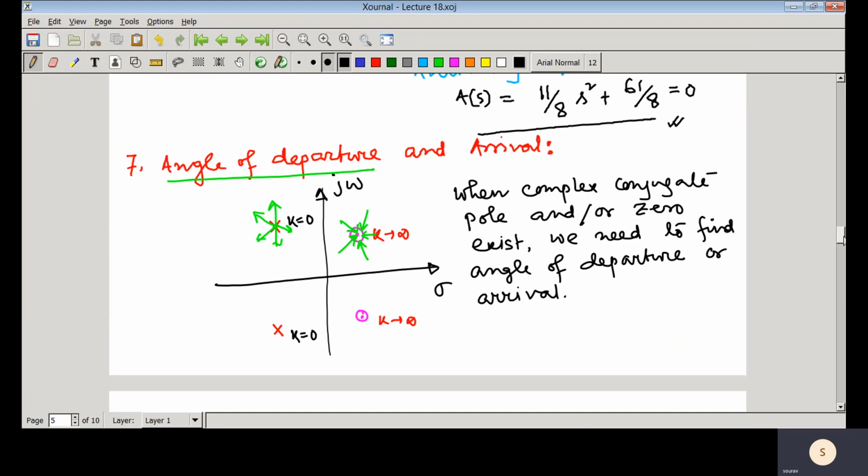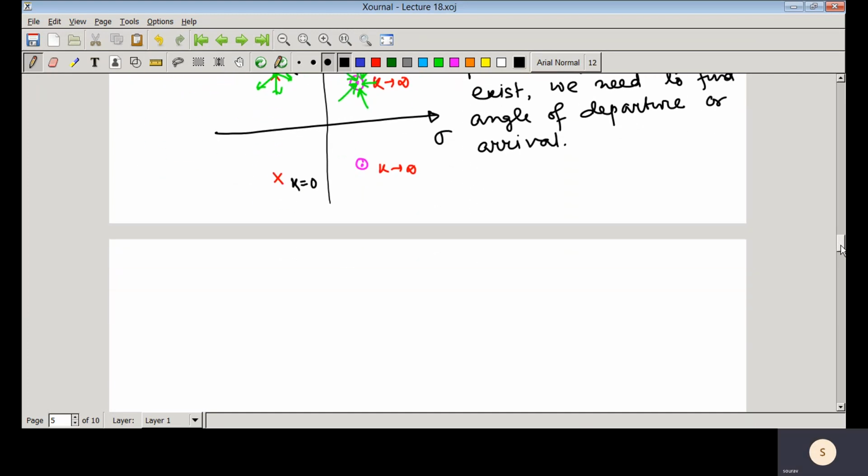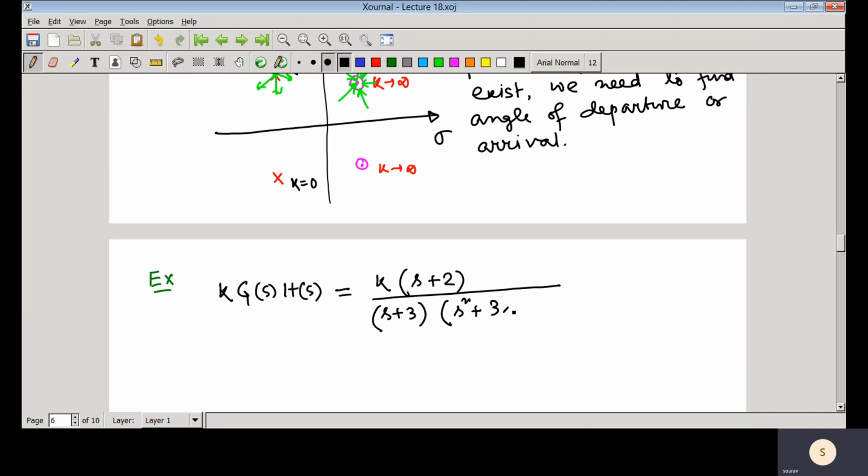So let us understand this particular method by some example. Suppose we have one loop transfer function, that is k G(s)H(s) equal to k (s plus 2)(s plus 3) over (s square plus 3s plus 2).